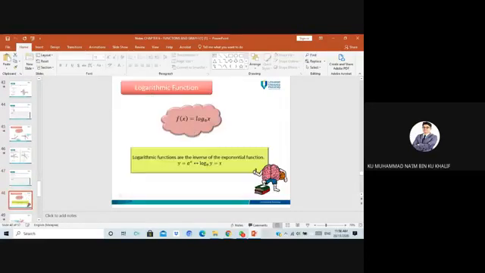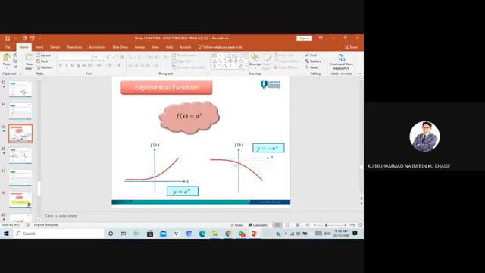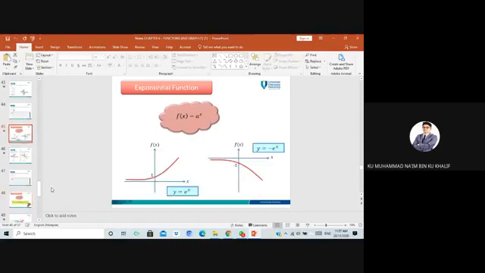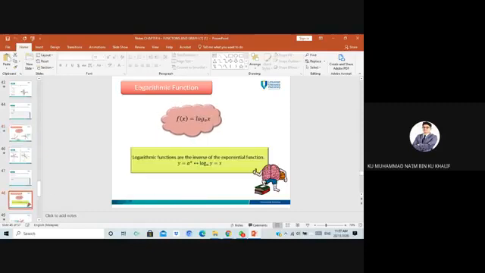For log function, ini ada association dengan exponential function. Right? You play around with the index and topics. How to get from here to get here. Okay, log x base a. Ini logarithmic function is the inverse of exponential function.